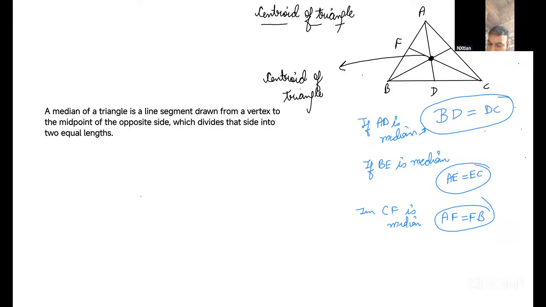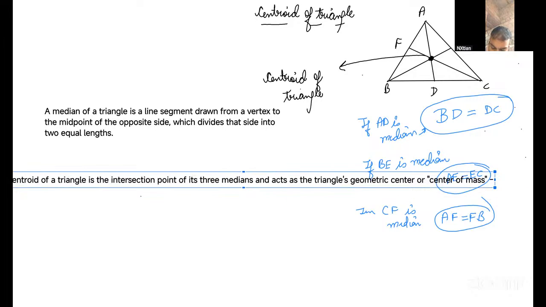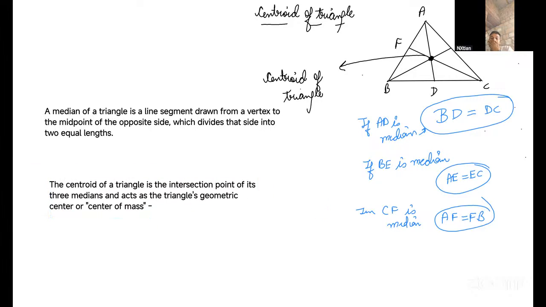Now everyone, write it down, please. There are 4 types of centers of a triangle: centroid, orthocenter, circumcenter, and incenter.